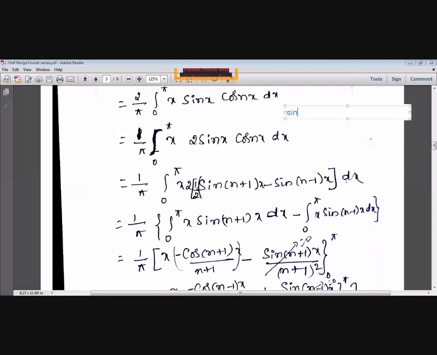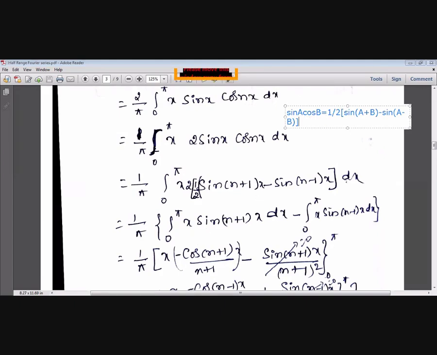Sin A cos B equal to 1 divided by 2 sin A plus B minus sin A minus B. Okay, this is the definition of sin A cos B.